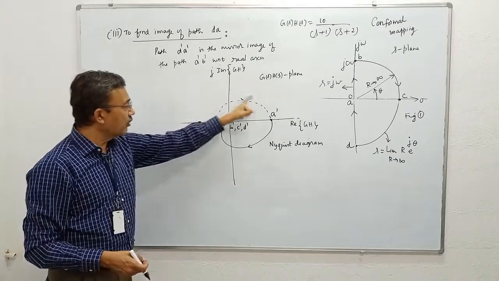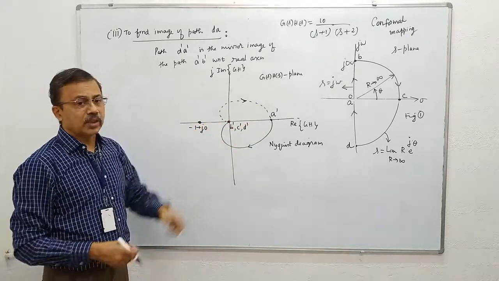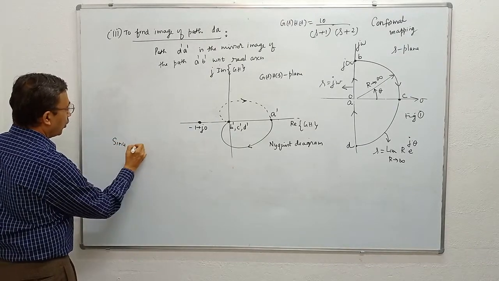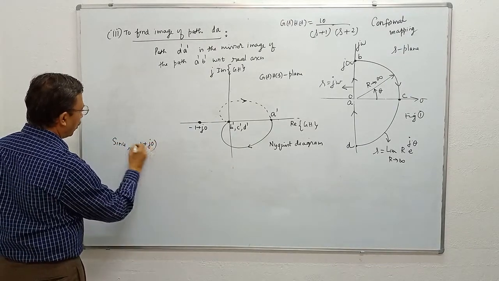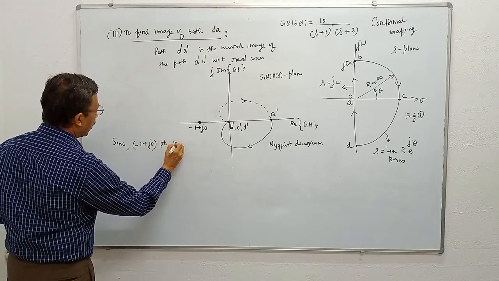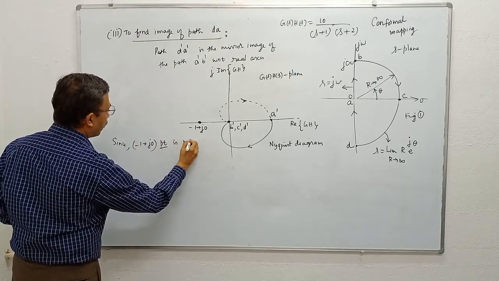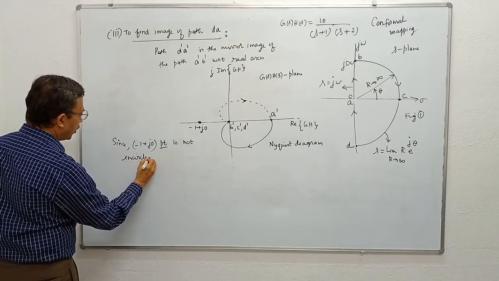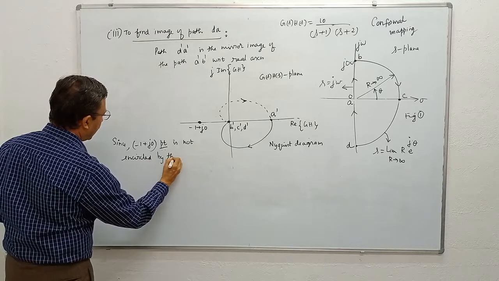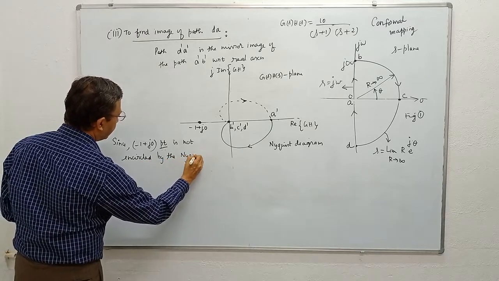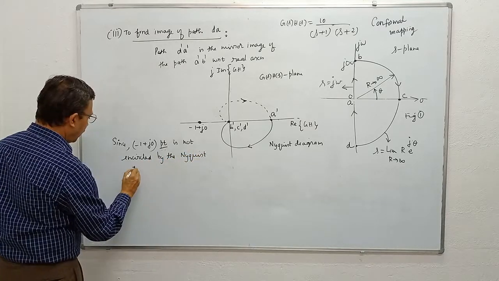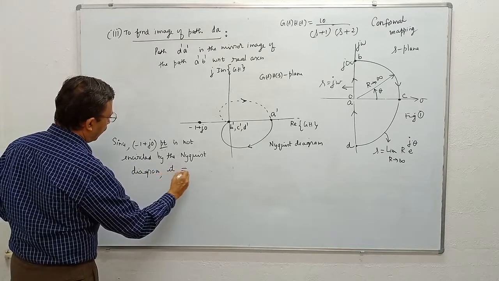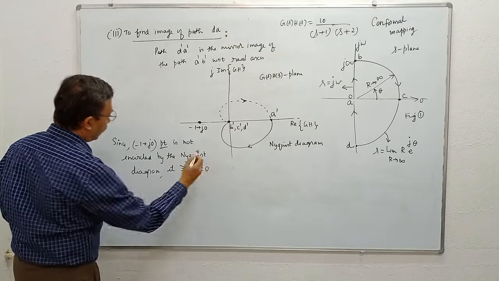Since the -1 plus j0 point is not encircled by the Nyquist diagram, it implies N is equal to 0.